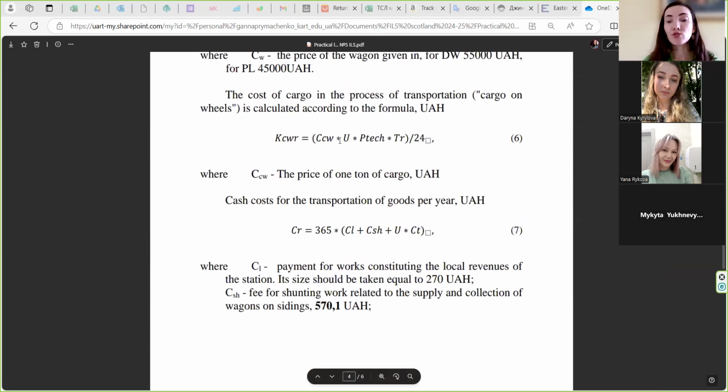This result we multiply by the parameter O, how many wagons we need. It is the result of our formula number 4. And multiply by our P with index stage. We already used it. I can show it now in our table 3.1.